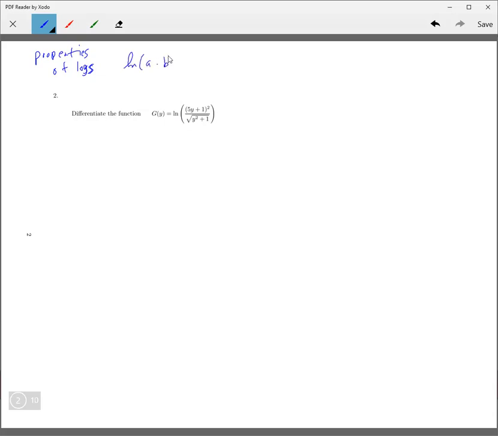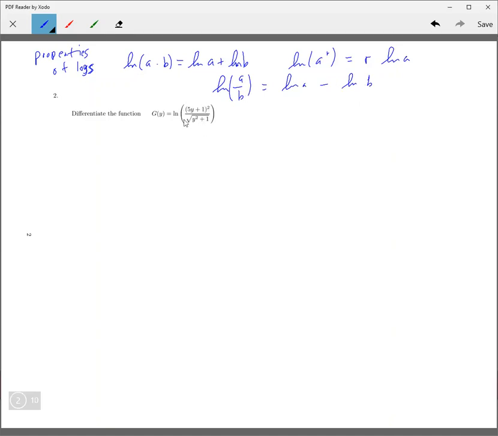So if you have a product, then that's equal to the log of A plus the log of B. If you have a power, then you can bring the power out front, exponent out front. And if you have a quotient like this, then it's the log of A minus the log of B. Log of the numerator minus the log of the denominator.